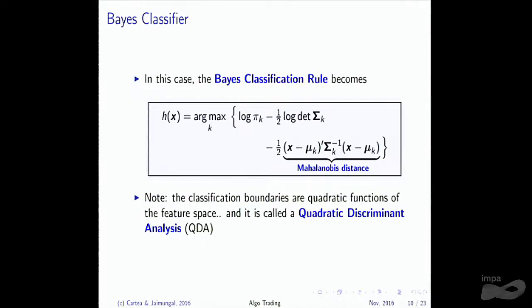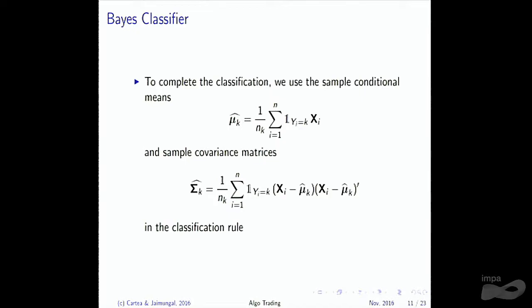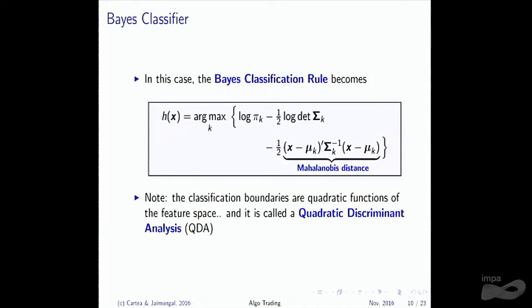And then the final question is, okay, that's the function that I'm going to use as my classifier. How do I estimate these sigmas and mu's? Well, the idea is, again, pretty simple, pretty straightforward.